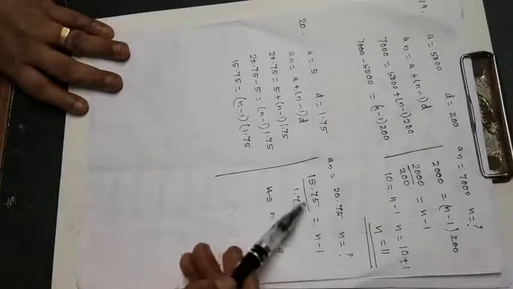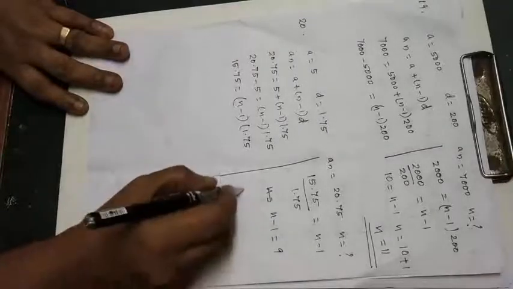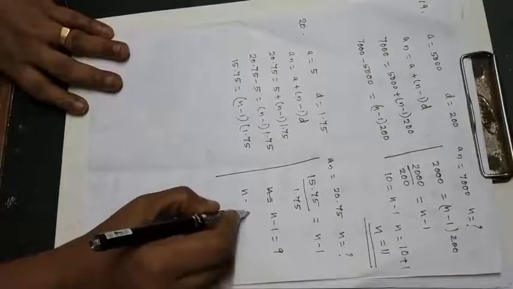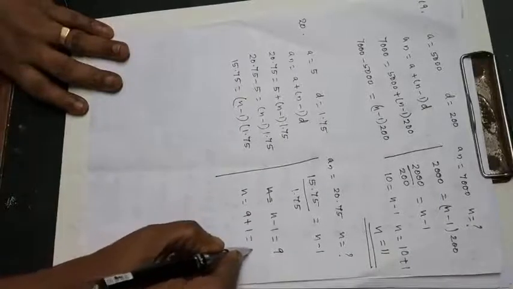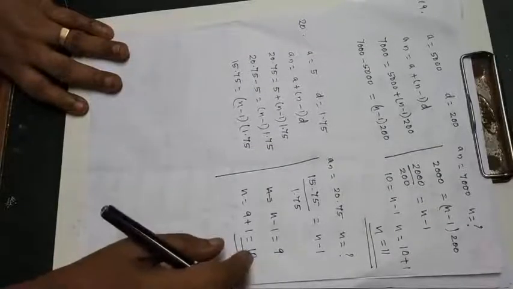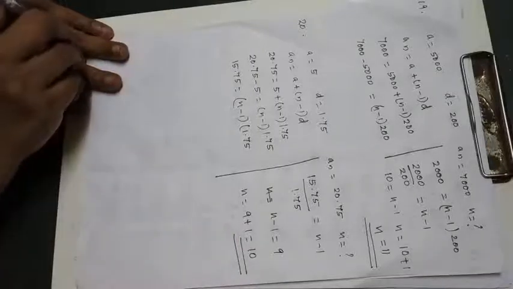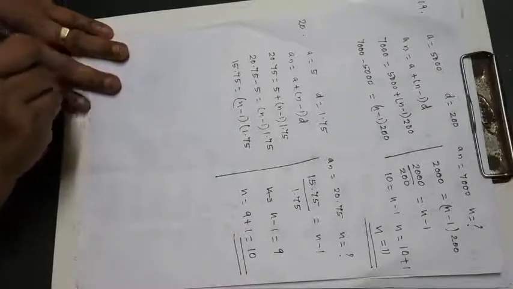You can avoid the decimal points, then divide. Then n minus 1 is equal to 9. So n is equal to 9 plus 1, that is equal to 10. So her savings become 20 rupees 75 paise in 10 weeks.